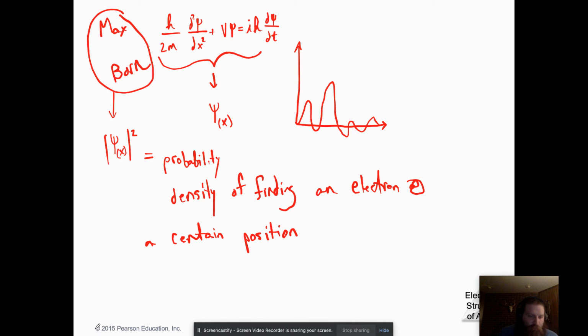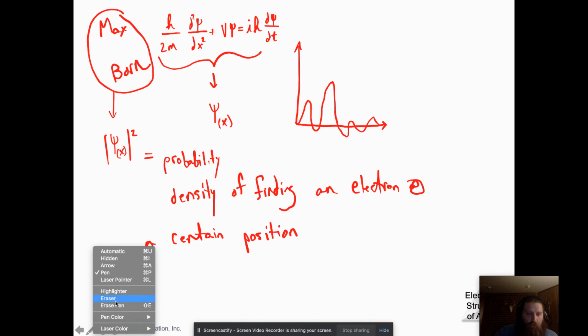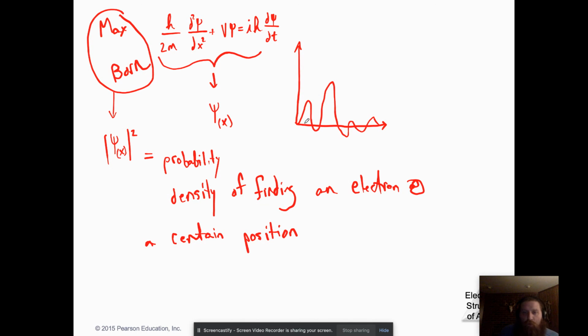All right, what do I mean by that? Well, let me switch colors. Let's go over here and let's grab blue. So anywhere where the graph touches the x-axis, that's something that we call a node. So here, y is equal to 0, right? So the y-axis has our psi value.